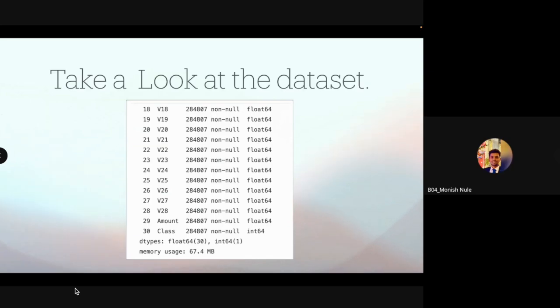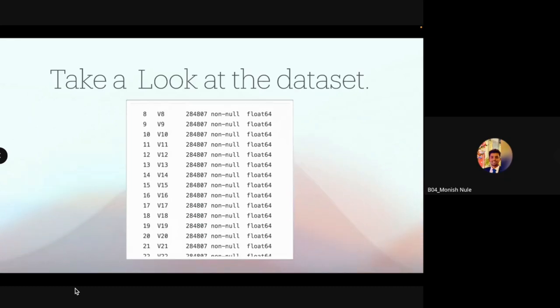This is to protect the integrity of the transactions and the privacy. So we apply PCA, which is principal component analysis, which converts the confidential data into transformed data, which doesn't lose the information and characteristics, but hides the privacy of it.